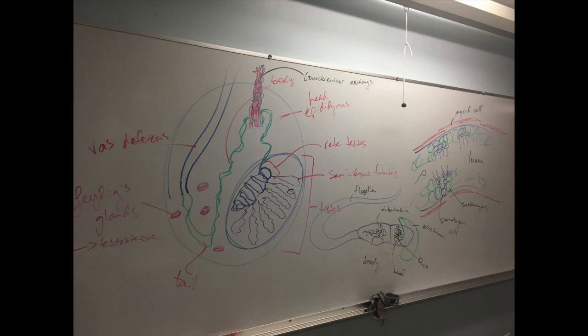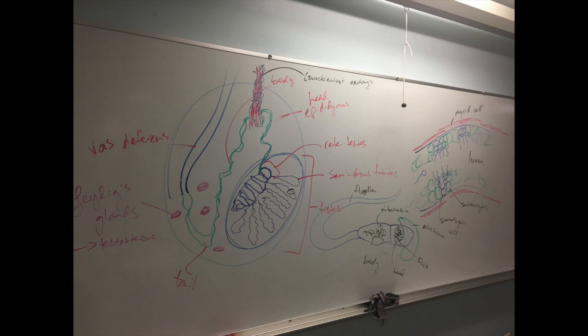Sperm start in that little current and just float along, and while they float along, they learn how to swim, they develop, they mature. By the time they get to the tail of the epididymis, they're pretty much mature and ready to do their thing. It takes them 3 weeks to travel from the seminiferous tubule to the tail of the epididymis.